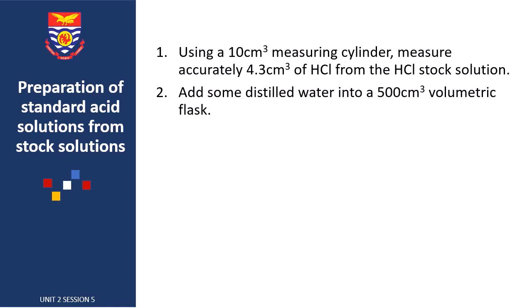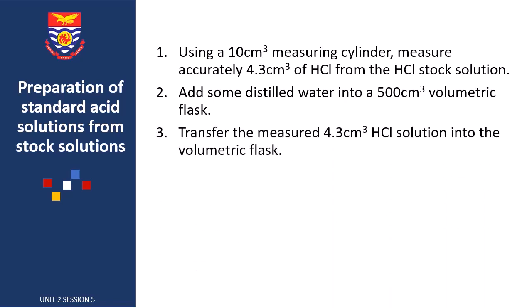Such reactions are exothermic, and in some cases they might cause explosion. So you do that, and now that you have a small volume of water in the volumetric flask, you transfer the volume of the hydrochloric acid that you have measured into the volumetric flask.